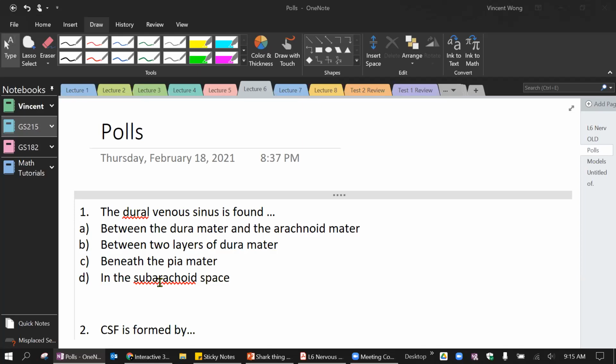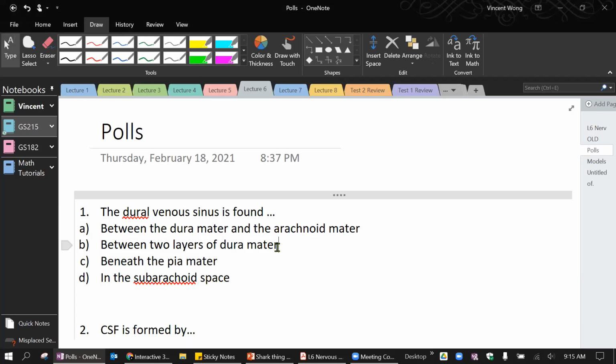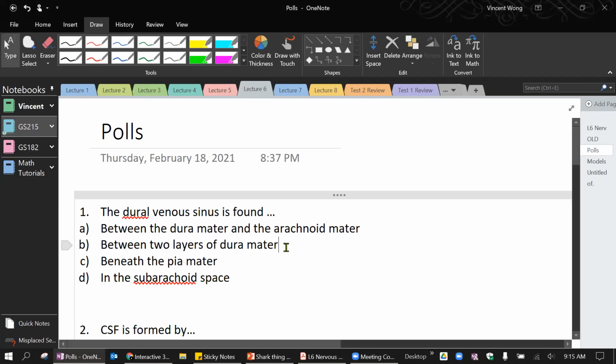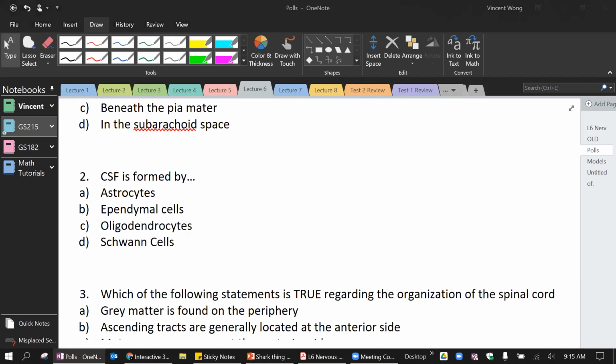And the correct answer is between the 2 layers of the dura mater. We explained how the 2 layers of dura mater are usually fused together, but they separate at some locations, for example the top of the head, and it forms the dural venous sinus. How about the next one? This one should be quite straightforward. Go ahead.